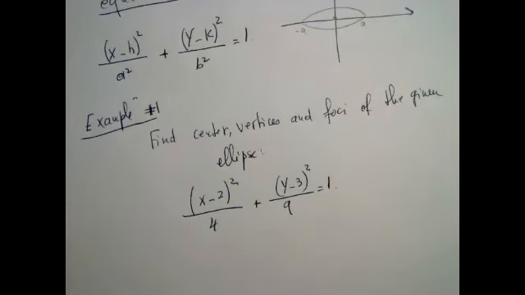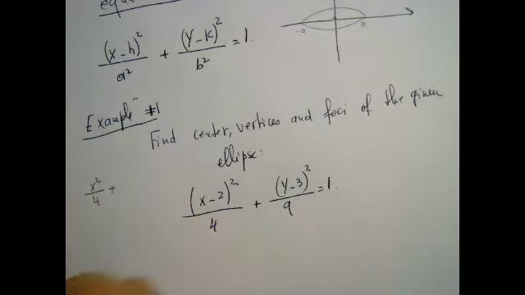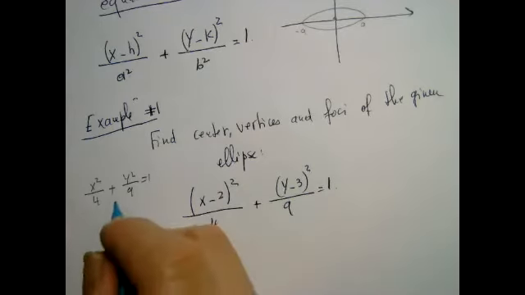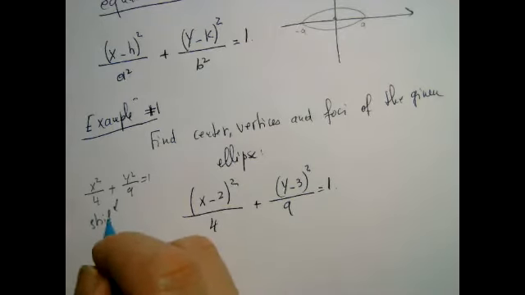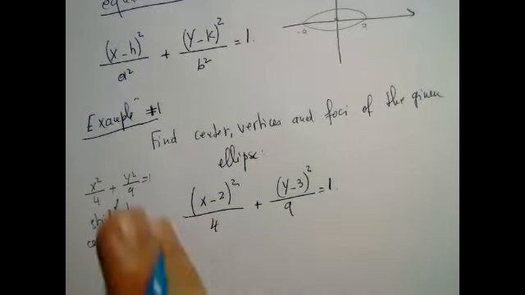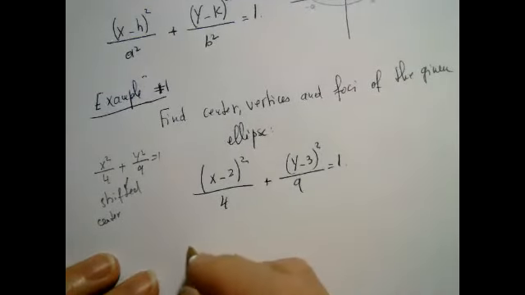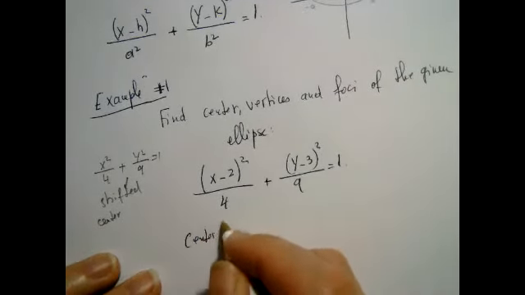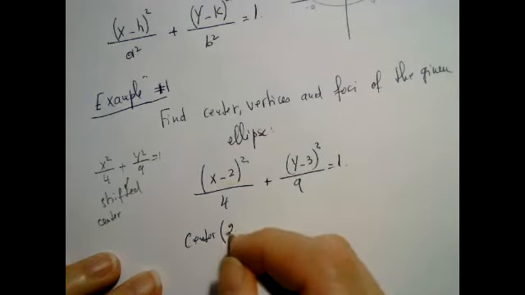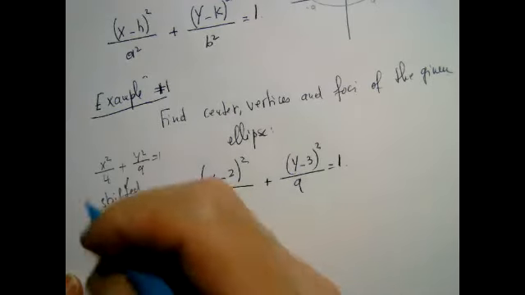In your mind, this is actually the following ellipse: x squared over 4 plus y squared over 9 equal to 1, shifted so that the center changed. So what is the center of the new ellipse? The center is going to be (2, 3). So it's this ellipse shifted so that the center is (2, 3).